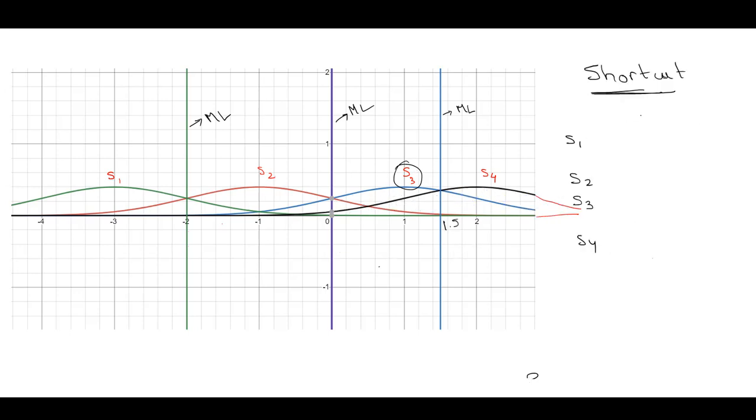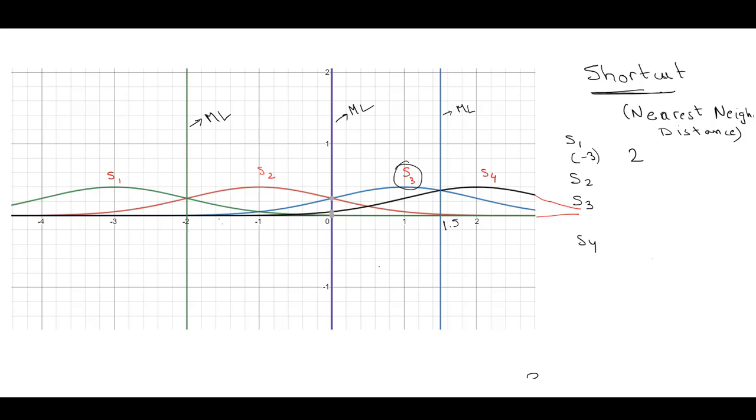Now we will look at another shortcut technique which is based on intuition, the nearest neighbor distance. For S1, which is at -3, it has only one neighbor, S2. Hence, the nearest neighbor distance is 2, because S2 is at -1.